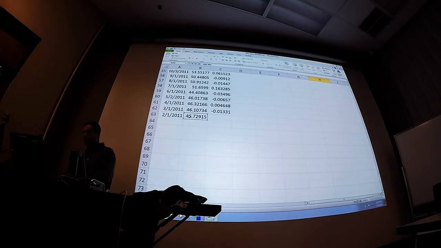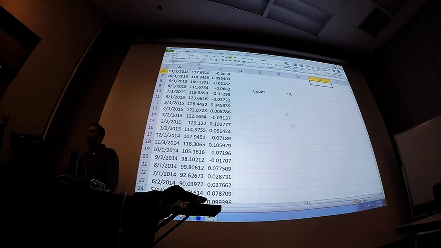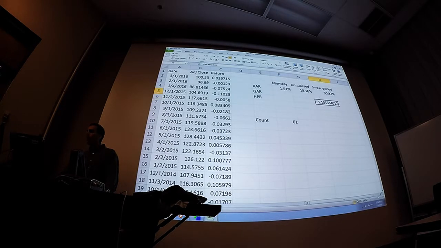So it's ending price minus starting price, divided by starting price, but now looking at the beginning of the whole 5 years rather than just 1 month before. That would be your total return that you actually earn over the full 5-year period. It's 115%.